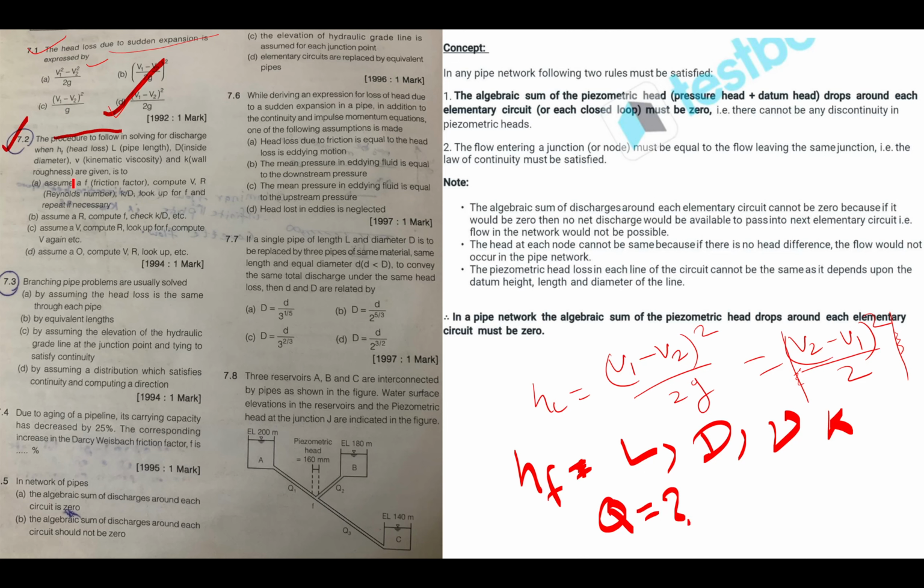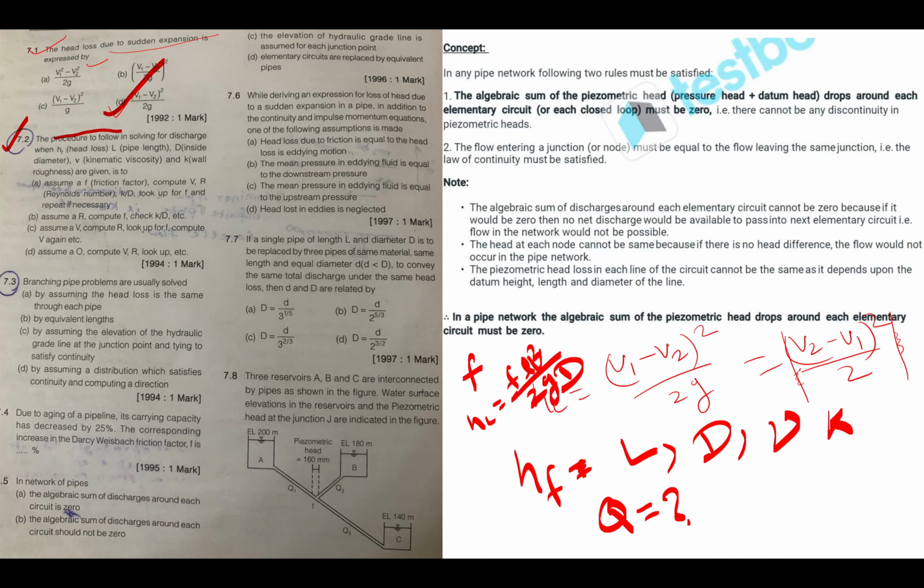Option A: assume a friction factor, compute velocity, then Reynolds number, and then K by D, look up for F, and repeat if necessary. So what you will do is assume F first, then using F you will calculate your head loss, FLV square by 2gD.